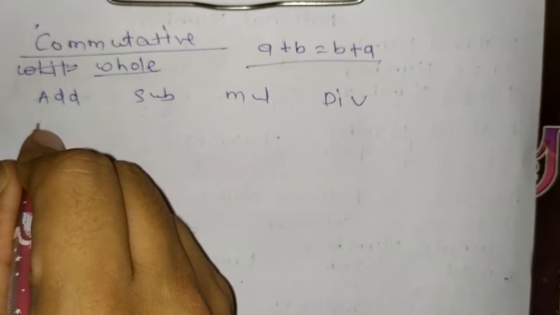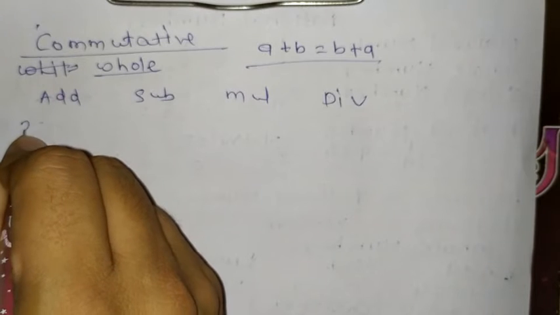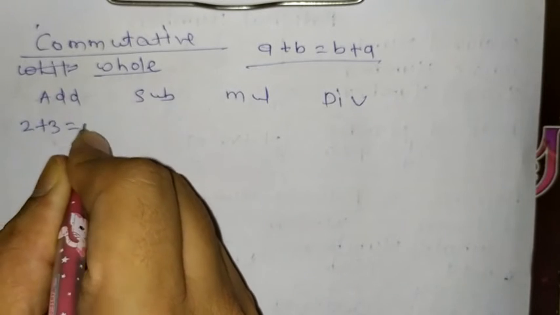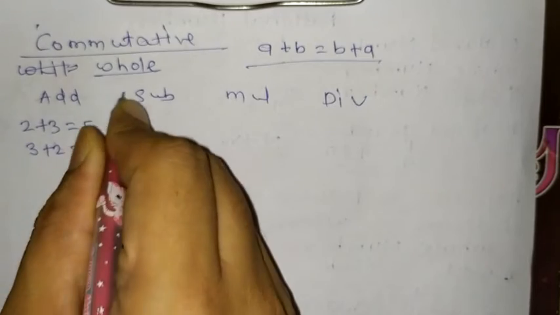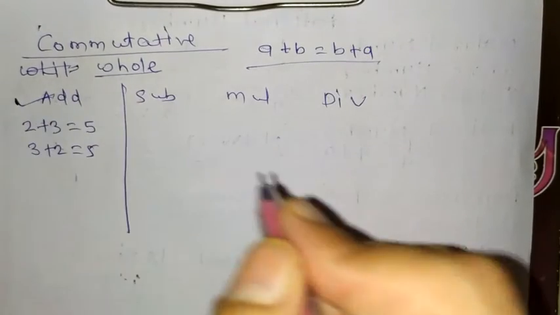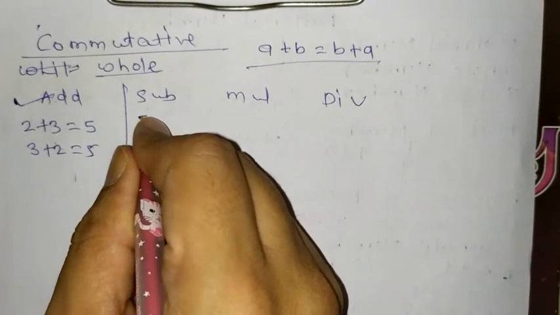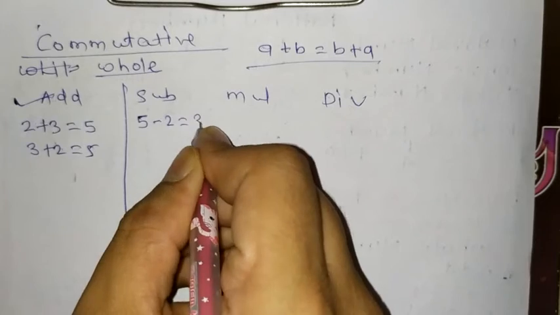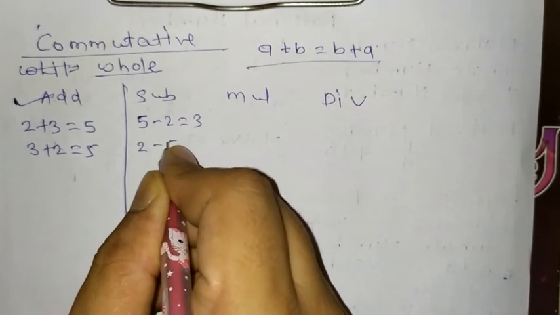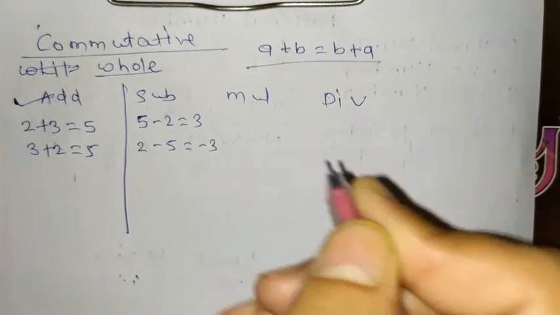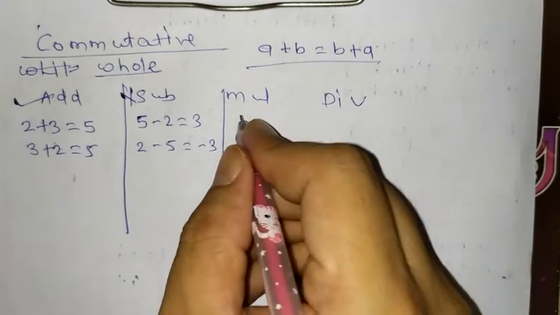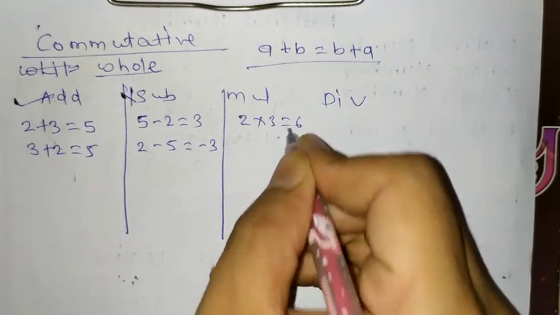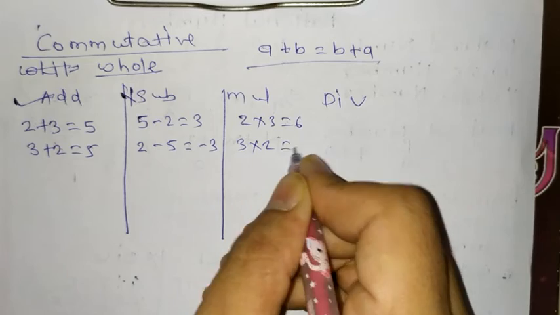For example, in addition, 2 plus 3 is 5. 3 plus 2 is 5. The answer is coming the same. So it is satisfied. Subtraction, 5 minus 2, 3. If you take 2 minus 3, minus 1. So the result is coming different, so it is not satisfied. 2 into 3, 6. 3 into 2, 6.